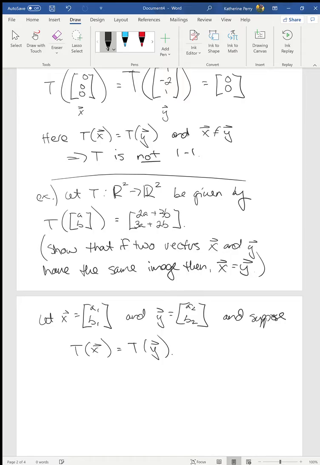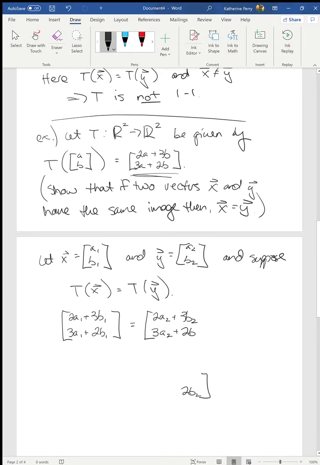And so T of x, we know just by plugging a1, b1 into our formula for T. So this on the left is equal to (2a1 plus 3b1, 3a1 plus 2b1). And I'll do the same thing for y. So here I get (2a2 plus 3b2, 3a2 plus 2b2).